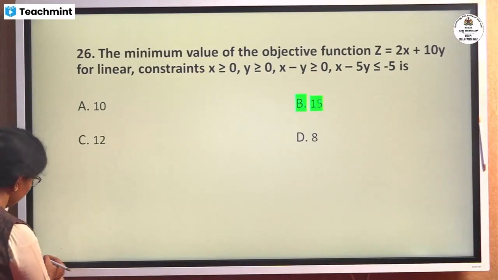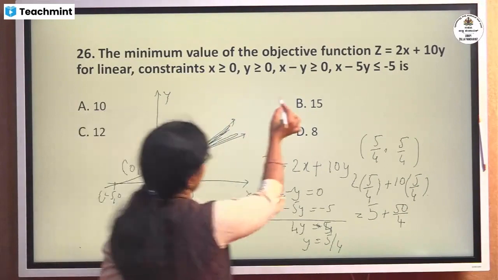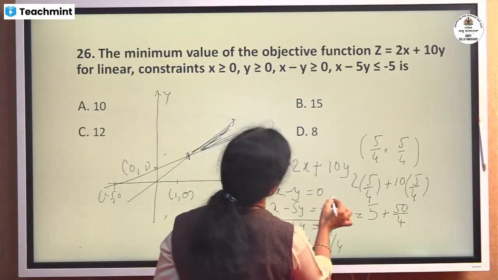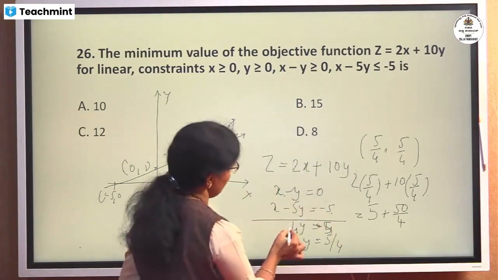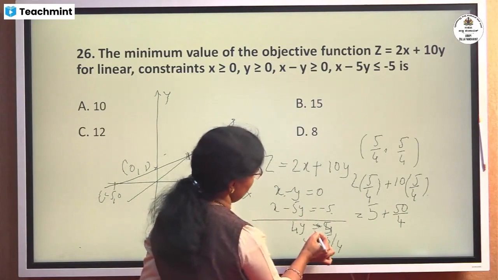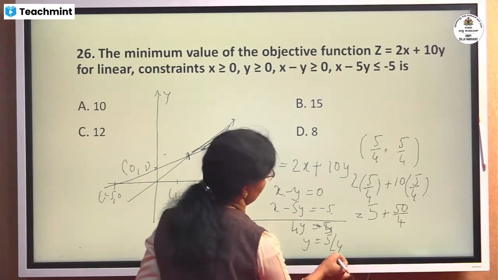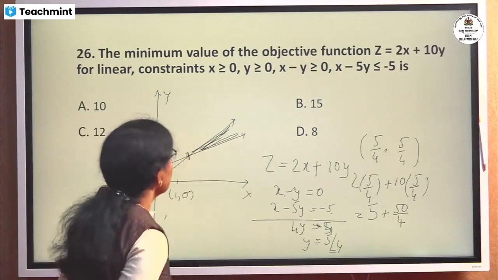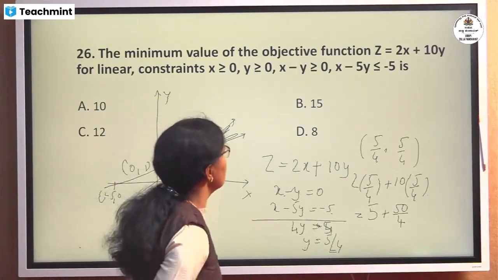Once again, what are the equations? x minus y is equal to 0, x minus 5y is equal to minus 5. So that is equal to plus 4y is equal to 5. Therefore, y is equal to 5 by 4, and x is also equal to 5 by 4.